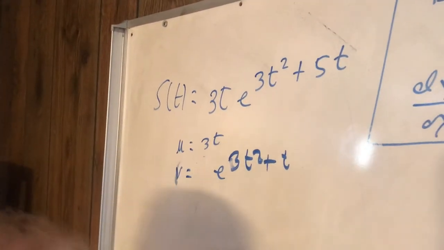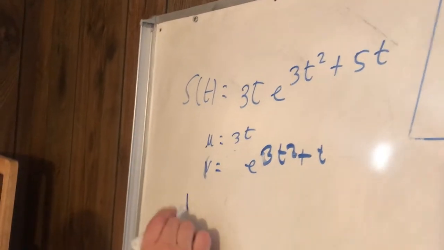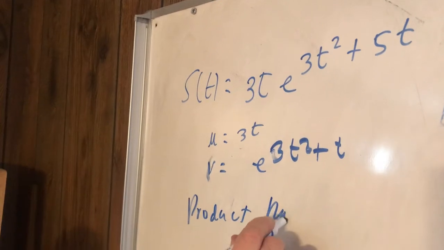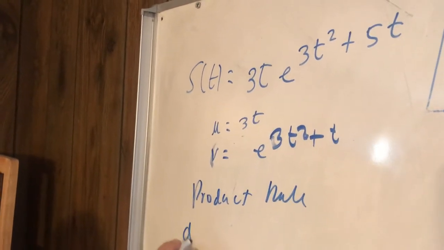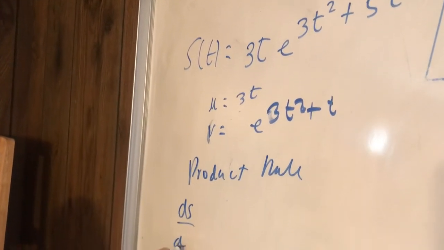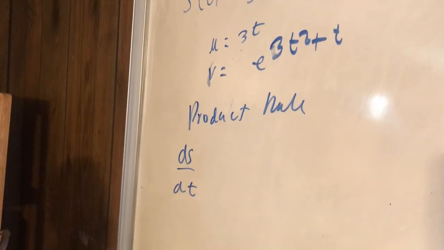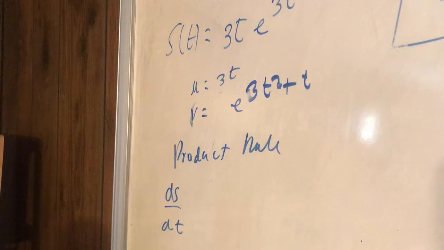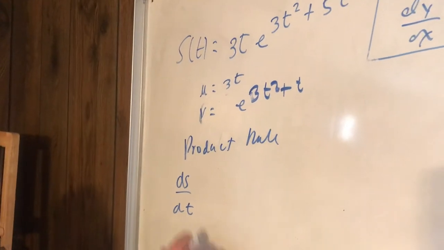All right, so let's do the product rule. So if I want to find the derivative of this, I'm now finding it with respect to t, because t is your independent variable. That's the one that's changing.